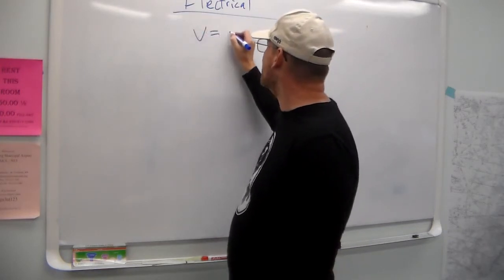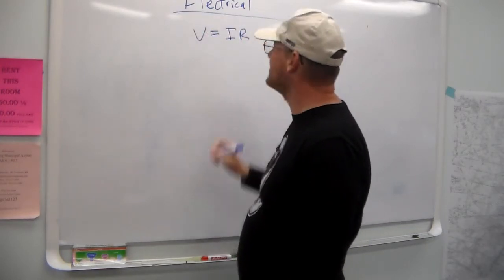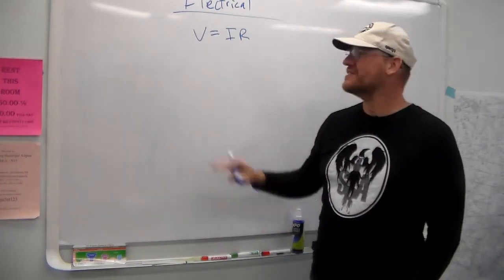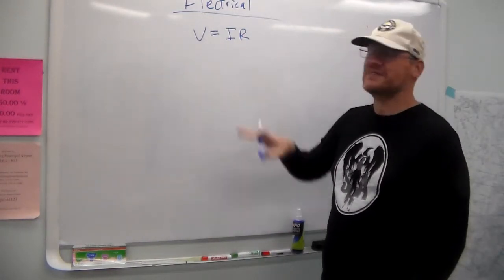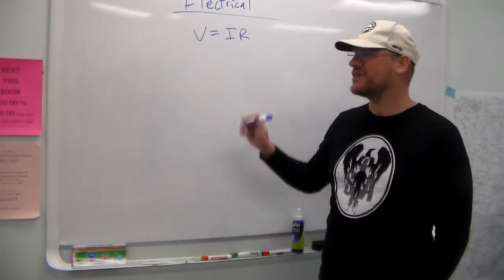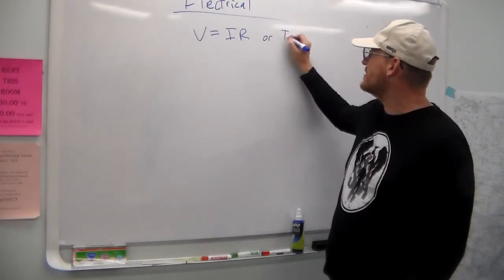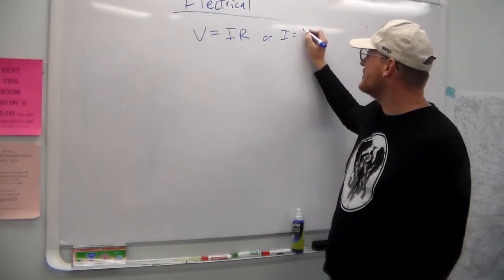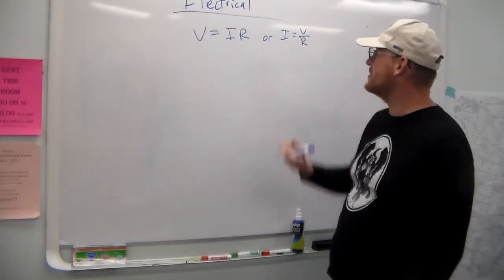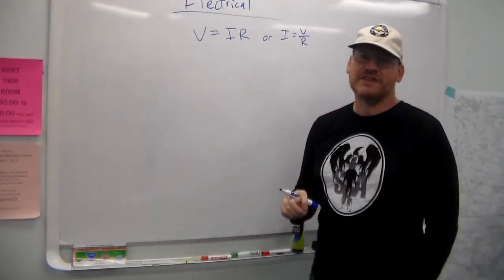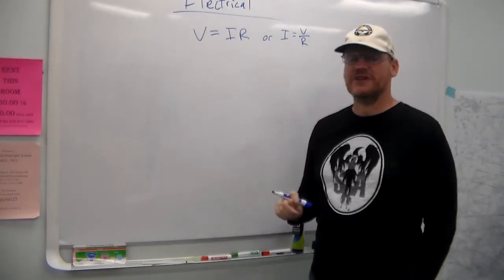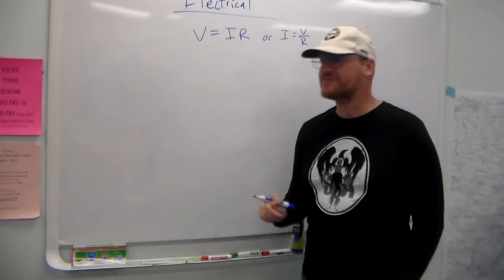We can use things like Ohm's law that says voltage is current times our resistance, or we can rewrite this as the current is equal to the voltage divided by the resistance. The other thing that you want to talk about sometimes is power.